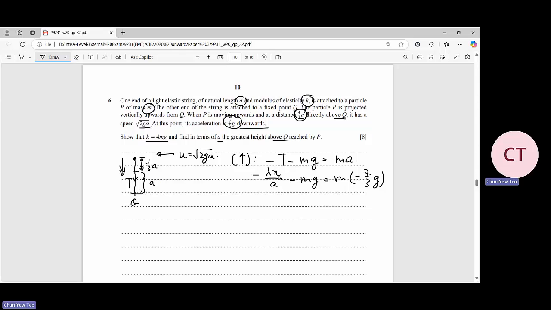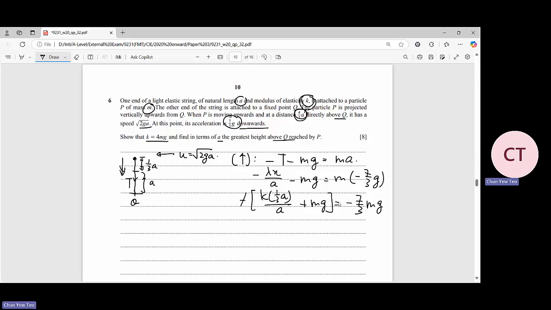But we know that lambda is k, and the extension is 1 over 3a. So we can change this to negative k times 1 over 3a, over a, minus mg plus mg, equals negative 7 over 3 mg.